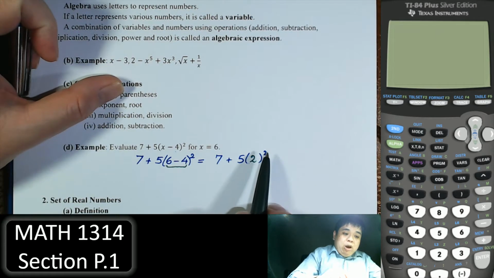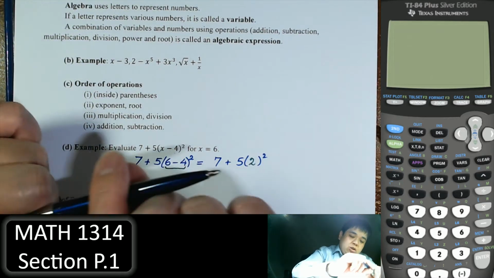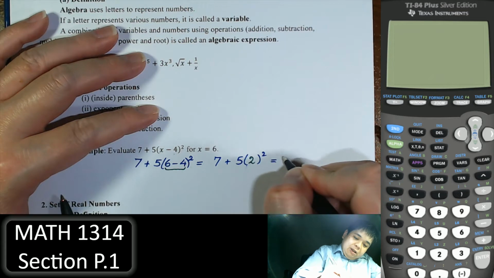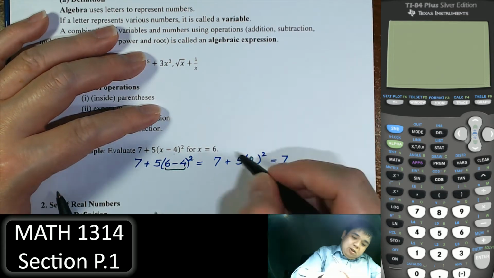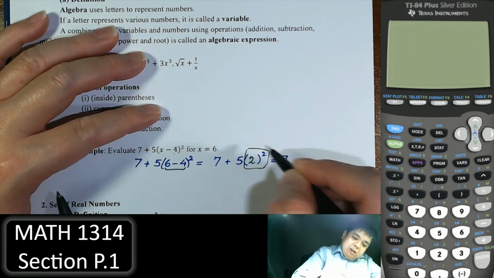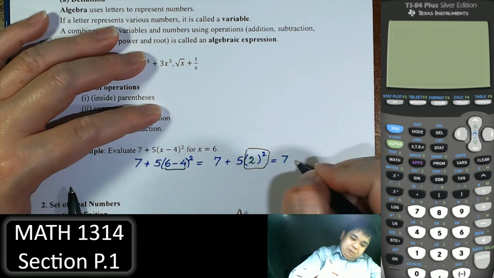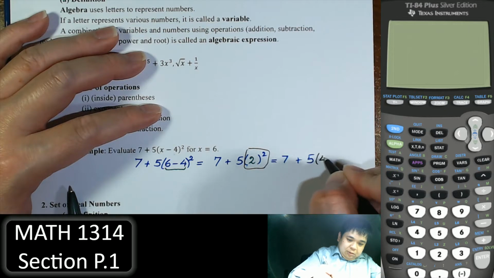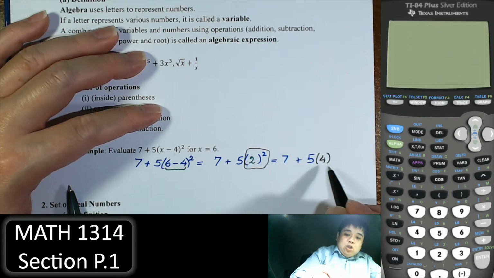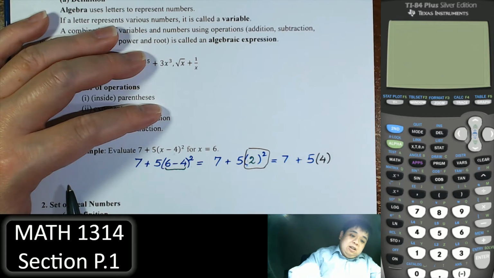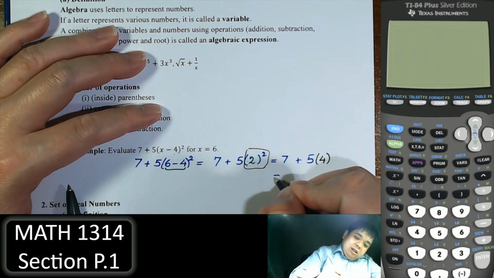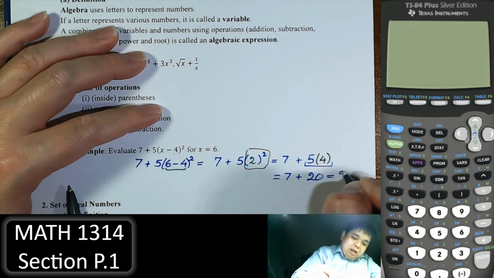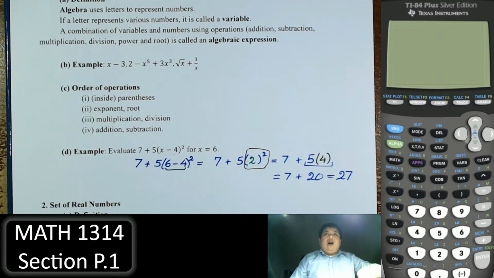So we have the parentheses and now the exponent, which is the square. So 2 squared is going to be 4. And that's still multiply. So we do multiply first and then add. That gives us 7 plus 20, and then 27.